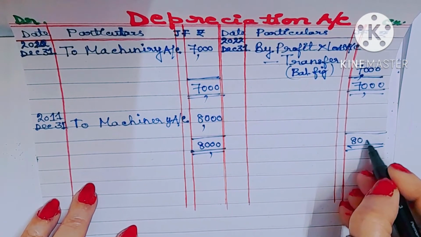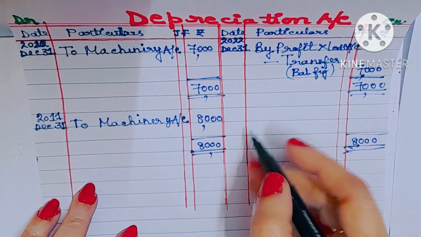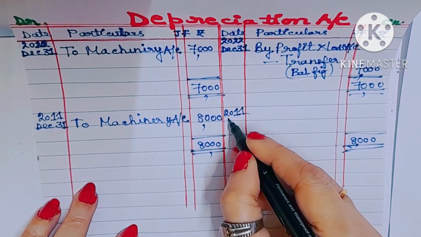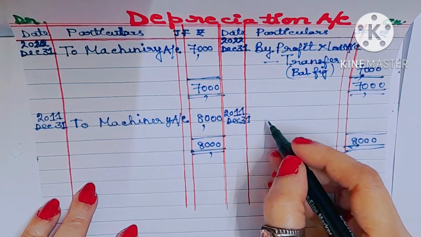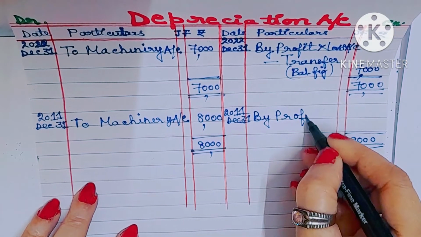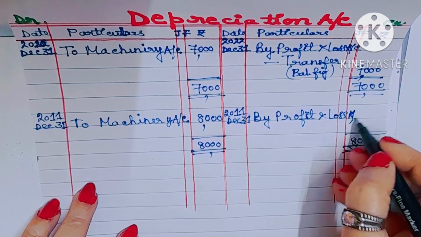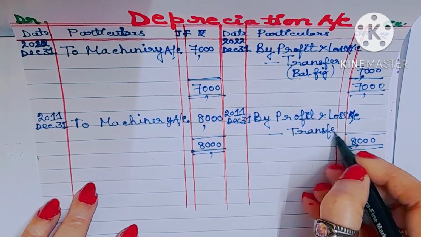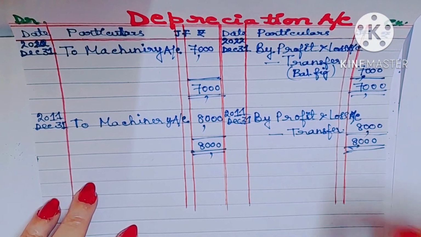This is nothing but ledger posting. So what will be the balancing figure? We'll have to write same date 2011 December 31st. So balancing figure will be transferred to profit and loss account. By profit and loss account transfer 8,000. How are we getting 8,000? 8,000 minus 0, 8,000. Now let's see the last year.